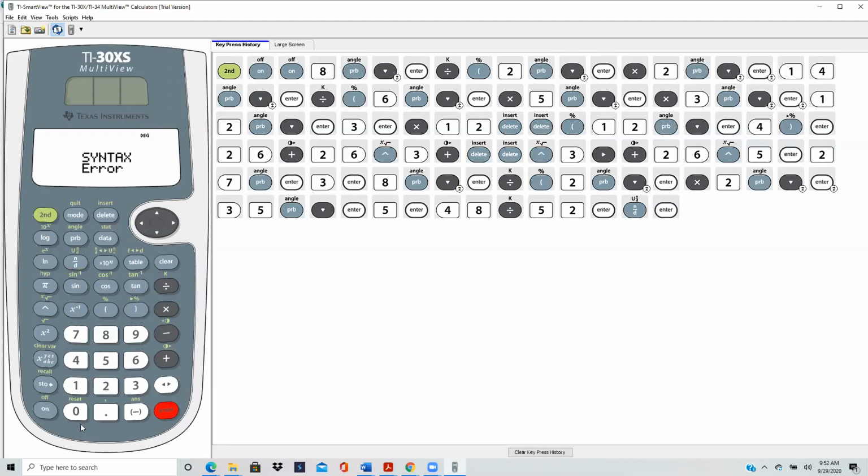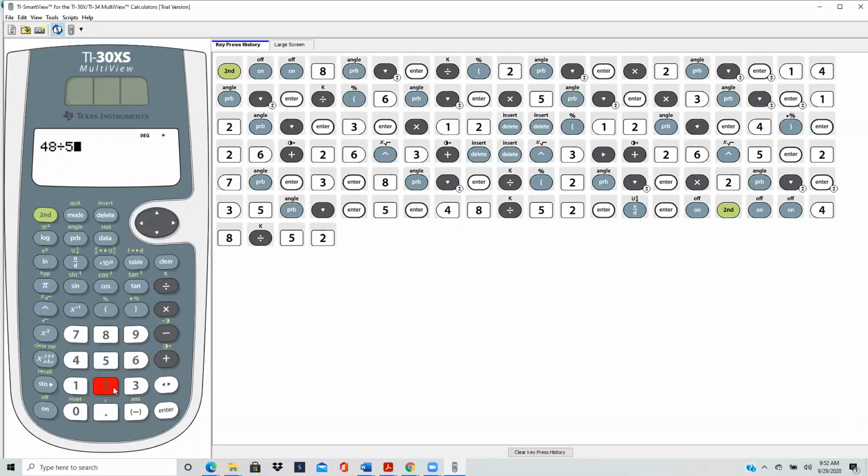No. A while ago you simplified a fraction like this. Because I can always do it so quickly in my head, I never needed to know how to do it on the calculator.